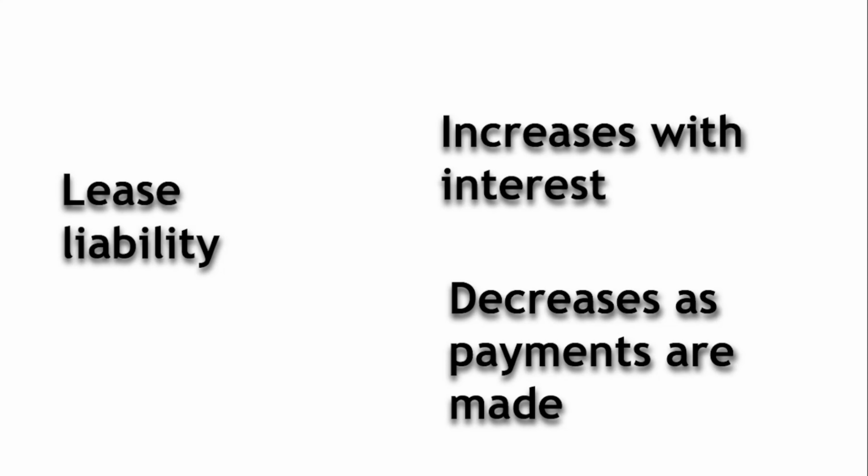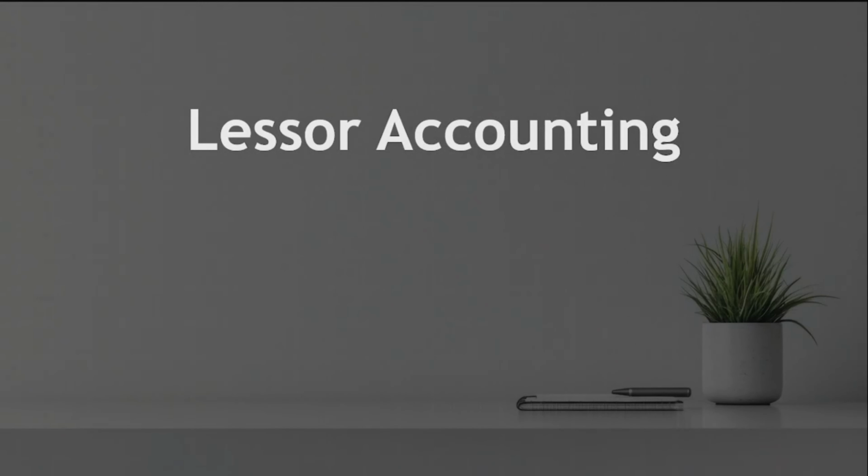Importantly, IFRS 16 requires reassessment when certain changes occur. These include changes in lease term, modifications to the contract, or payments linked to an index or rate. This means IFRS 16 is not a set and forget standard, it is designed to respond to changes in economic reality.